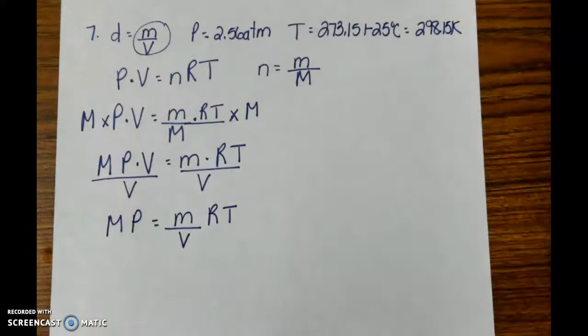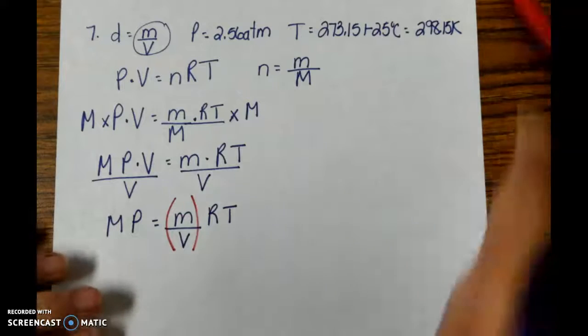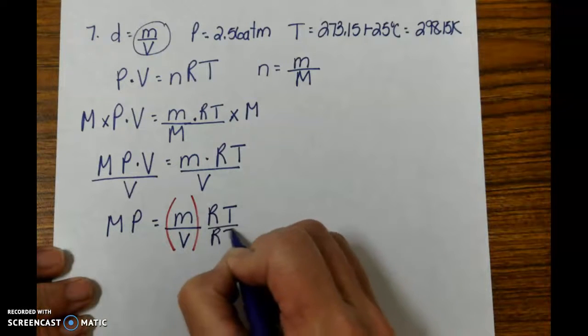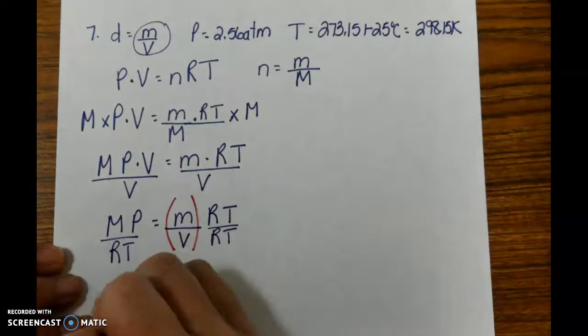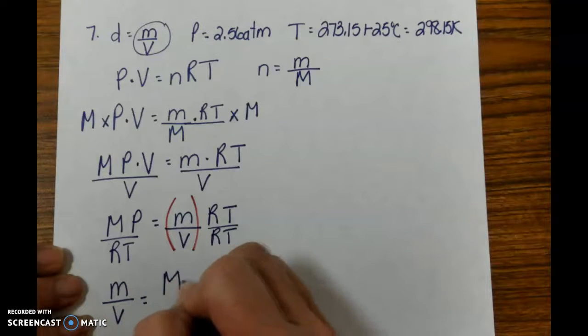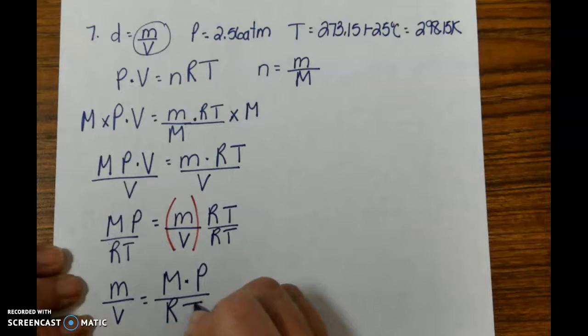All right, that's good. That's my density. But now I just need to get rid of RT. So I'm going to divide both sides by RT. And I end up getting m over V is equal to the molar mass times the pressure divided by RT.